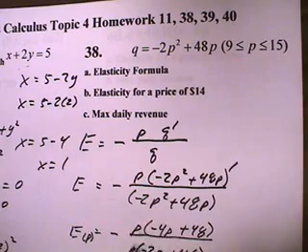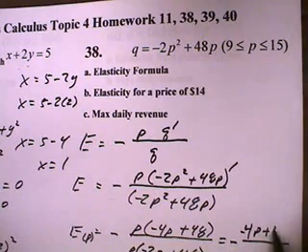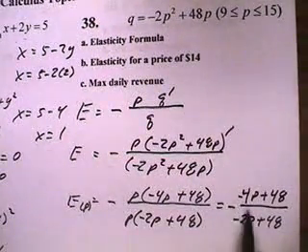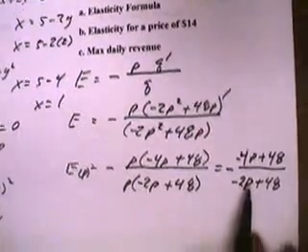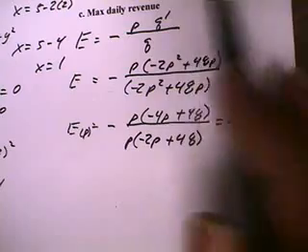From here, we can actually simplify those two p's and get negative 4p plus 48 all over negative 2p plus 48. Don't like all those negatives hanging around out there, but we can fix that a little later. But this is the elasticity formula.